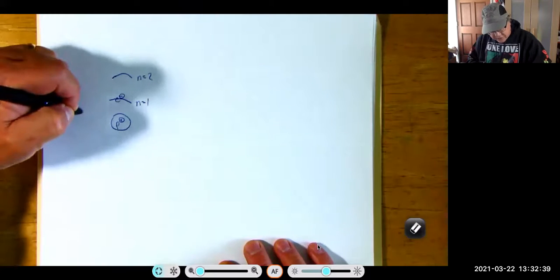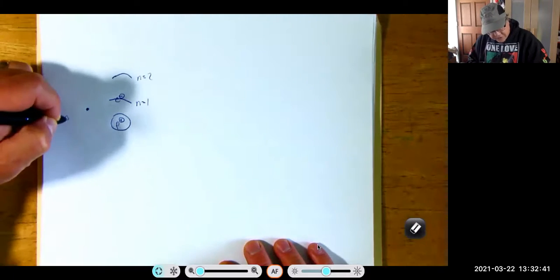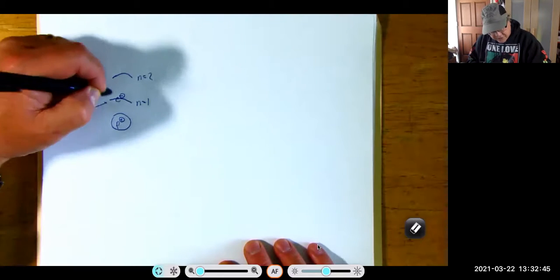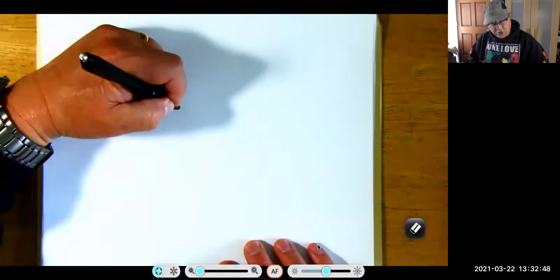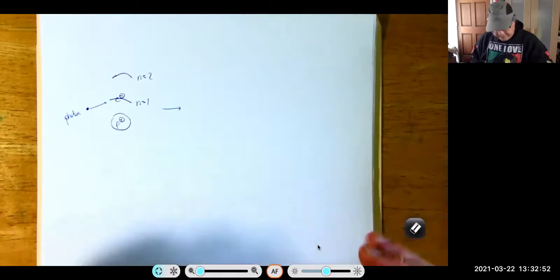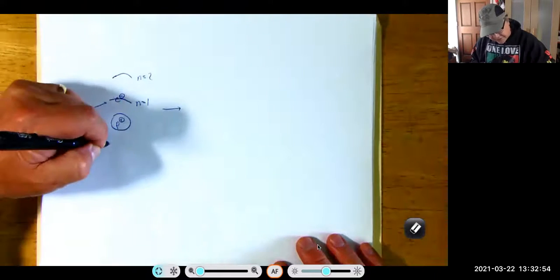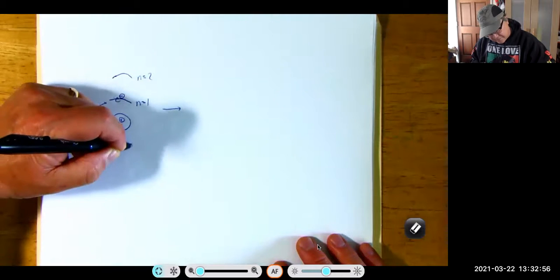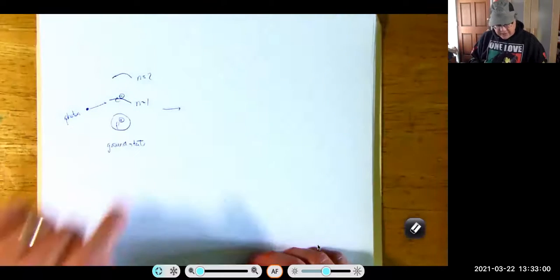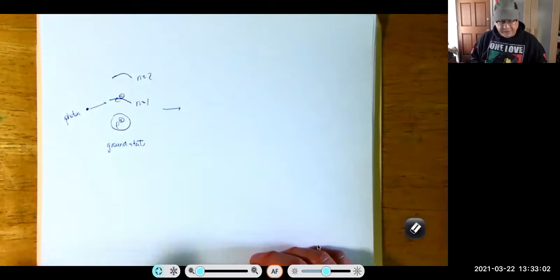You could actually absorb a photon of energy. And when you absorb a photon of energy, that electron could become excited. So this is called the ground state, where the electron is in the most stable orbit.